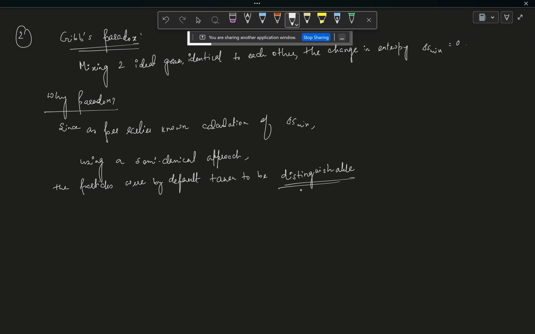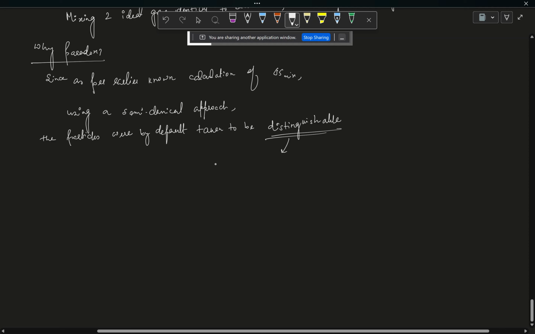Okay, and because of this consideration, I'm not going to show you the derivation of how this entropy expression is coming, because that you can find from the lecture materials or any other book.